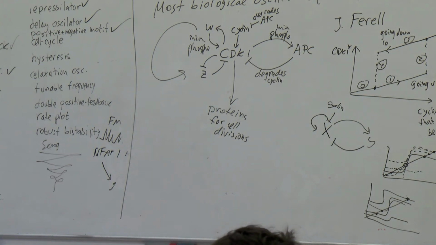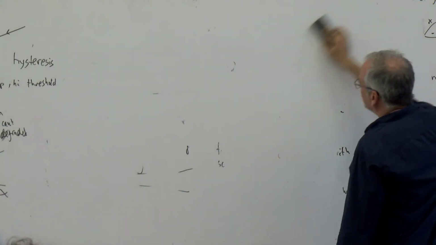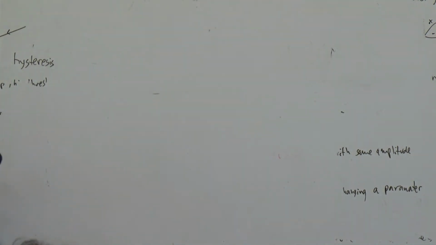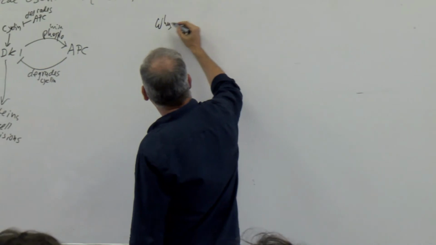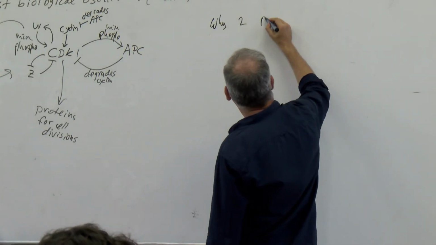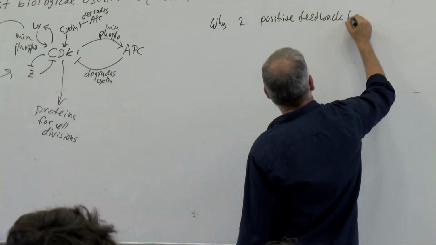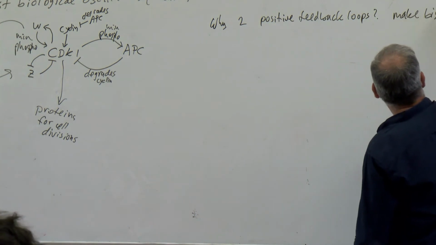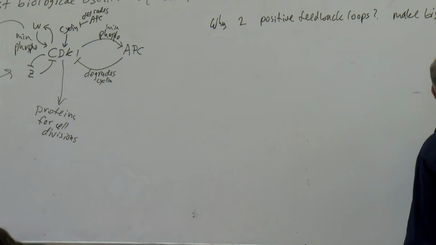And I want to show you a cool analysis by James Ferrell about why you need these two positive feedback loops? And the answer will be to make bistability robust.